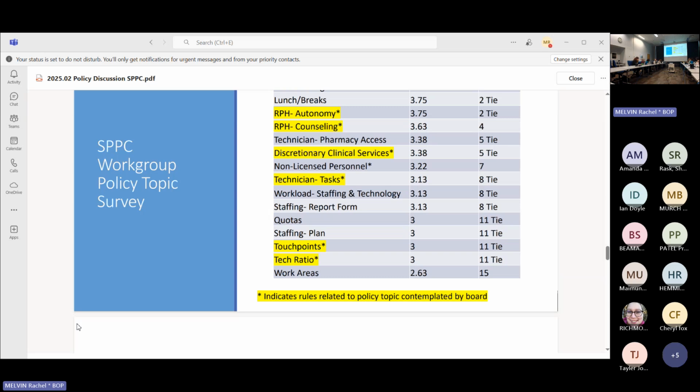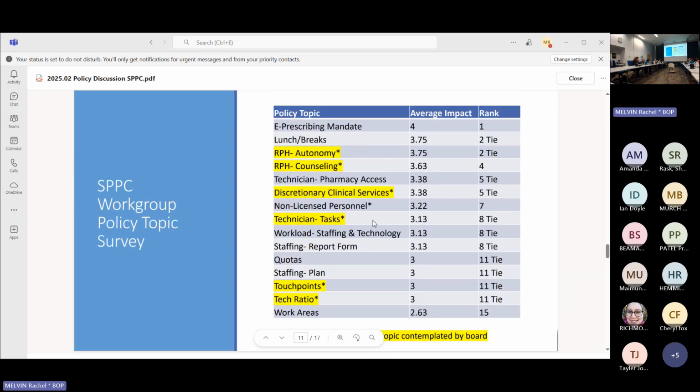The one thing that I had curiosity about, and it's actually cut off, is I think the number one ranked thing was e-prescribing mandate. So that being number one, and I don't see it highlighted, and you showed the map, and we're in a group of very few states who are not doing that. Is that something we can do something about, or were there barriers?